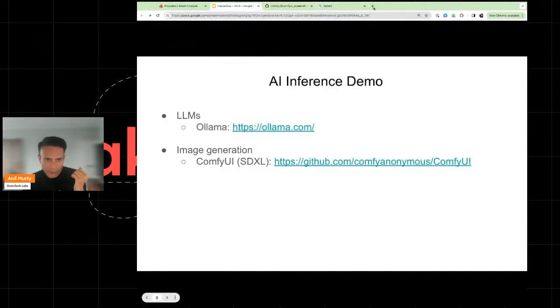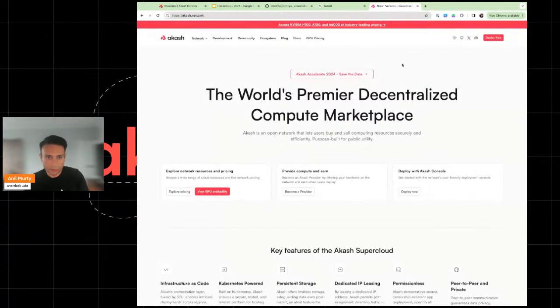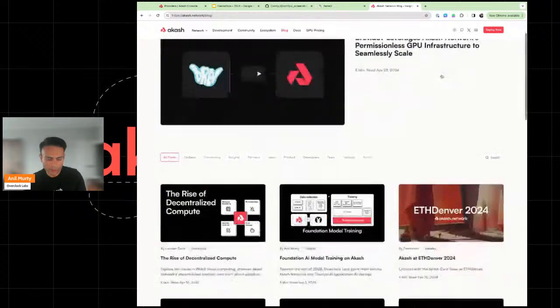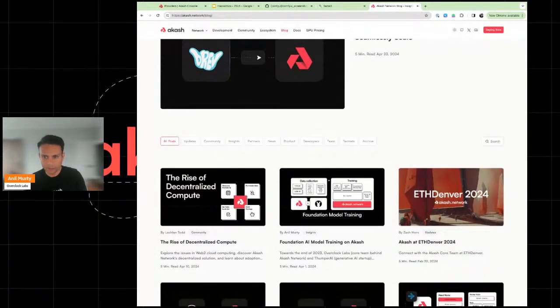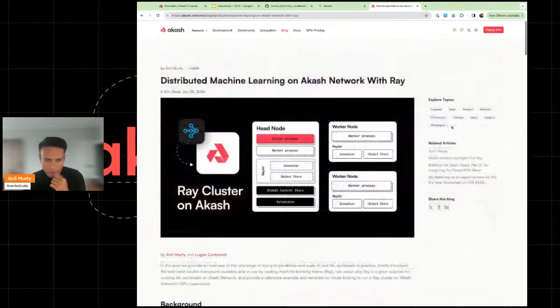If you're looking at training, I can point you to an open source tool called Ray, which is really useful for building training clusters across multiple servers. In Akash's case, as you know, we have a whole bunch of providers on the network, so Ray is really useful because it lets you do distributed machine learning across multiple servers.